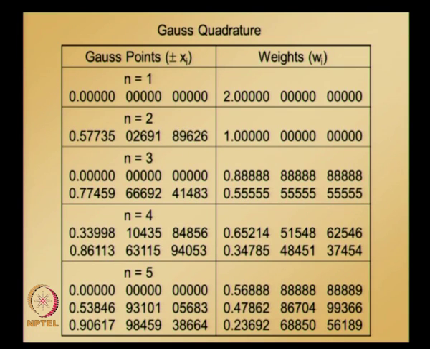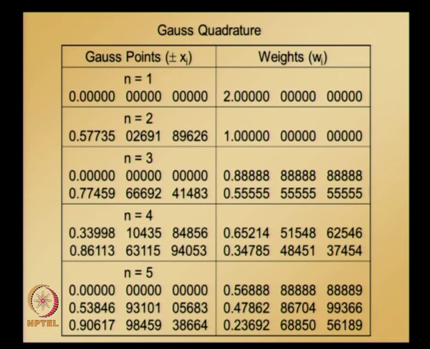That is the reason why a space is there in the table. So for n is equal to 2, the Gauss points are minus 0.57735 if I decide to take 5 significant digits, and the other Gauss point is 0.57735, and the weight of these 2 points is equal to 1.